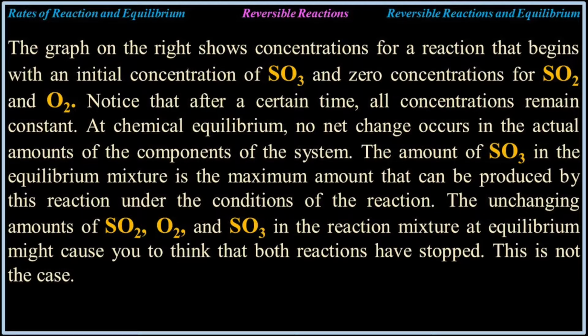The amount of sulfur trioxide in the equilibrium mixture is the maximum amount that can be produced by this reaction under the conditions of the reaction. The unchanging amounts of sulfur dioxide, oxygen, and sulfur trioxide in the reaction mixture at equilibrium might cause you to think that both reactions have stopped. This is not the case.